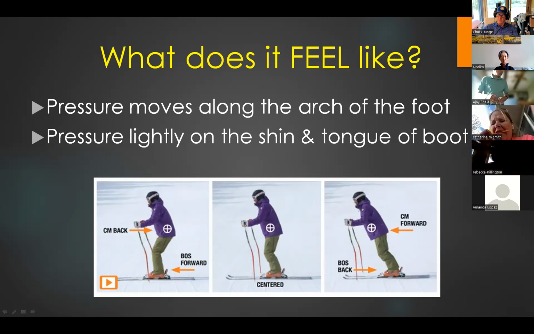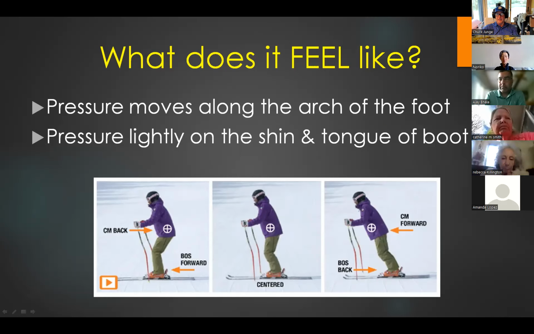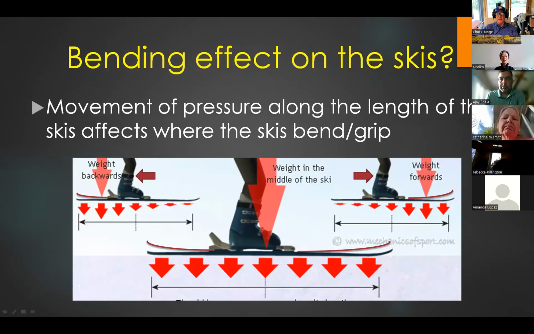Yes, it does. That kind of brings us up to the next point. You're along the line of the pressure moving along the arch of the foot, but it brings up the next point, which is why is it important? The movement of the pressure along the length of the ski affects where the skis bend and grip.